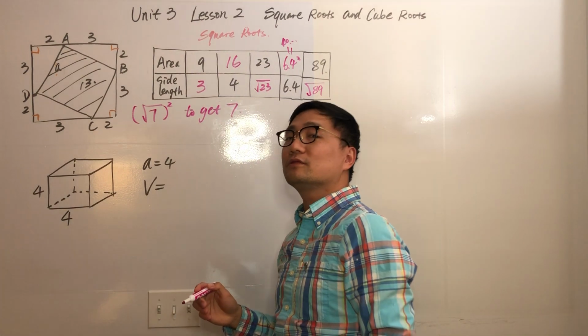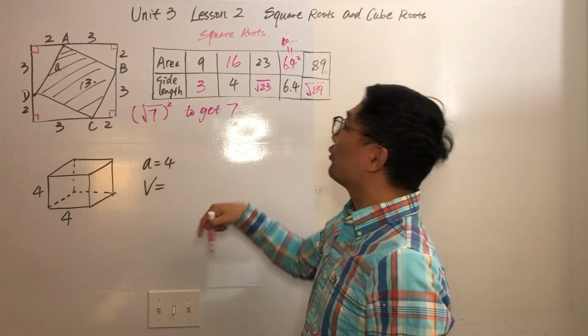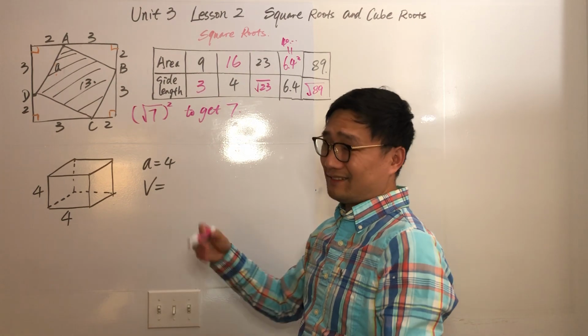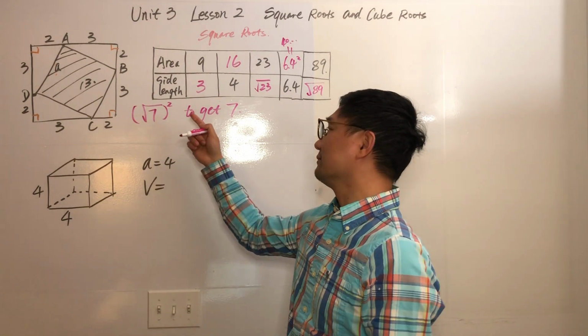So square root is the number that after you square it gives 7. That is what the square root number means.